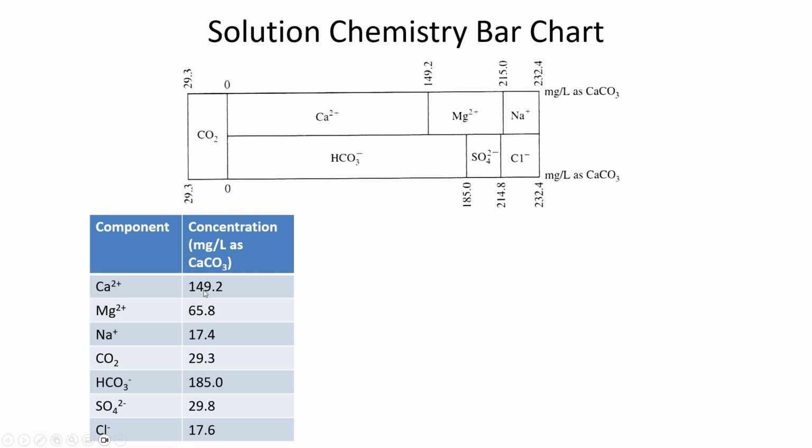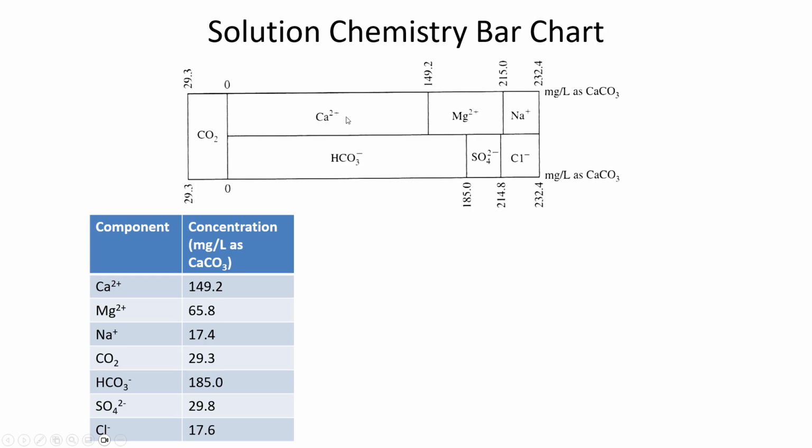There has to be a balance between the two. So the overall length of the cation component of the bar chart is the same length as the anion part. The carbon dioxide bridges both the top and the bottom because it's not an inorganic speciating cation or anion. It's something else, carbonic acid.